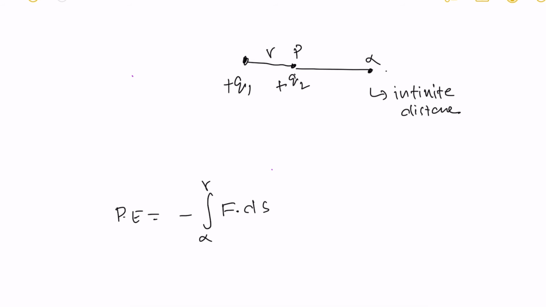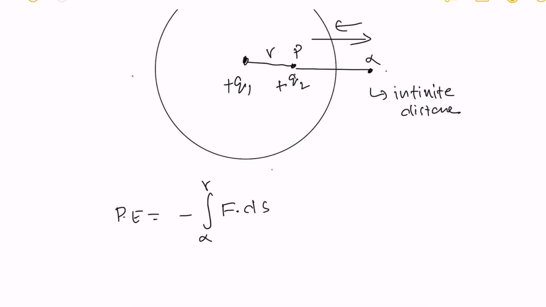Electrostatic force is along this direction, but we are moving opposite to it, so the system needs to do work. We supply some work here, and that work is converted into potential energy. So that potential energy is given by the formula here.